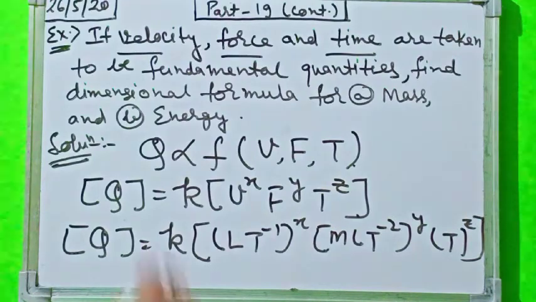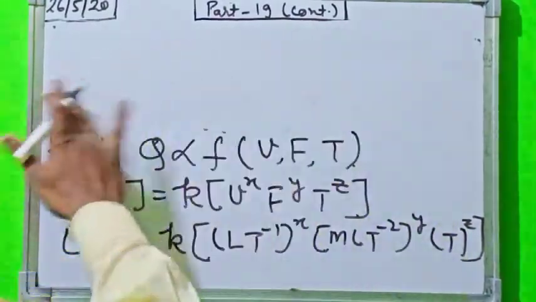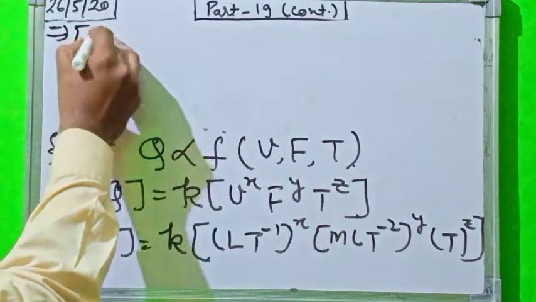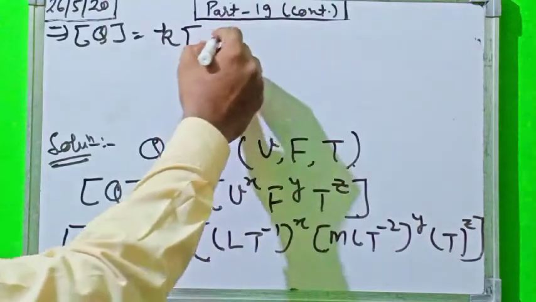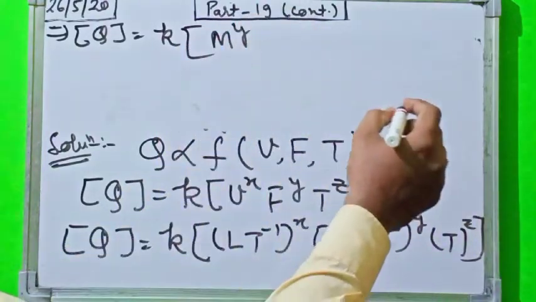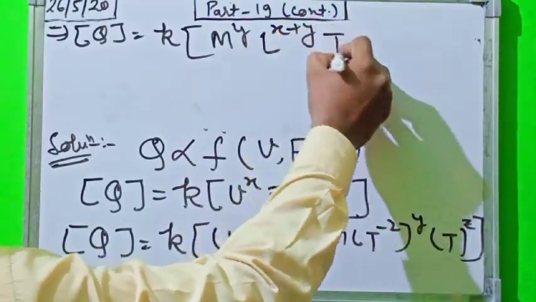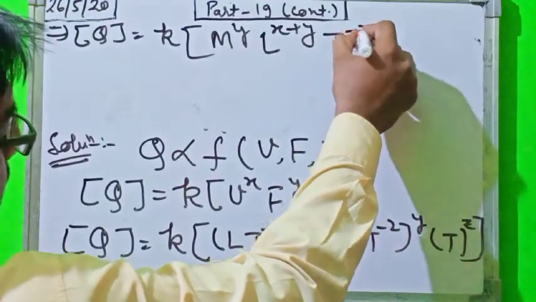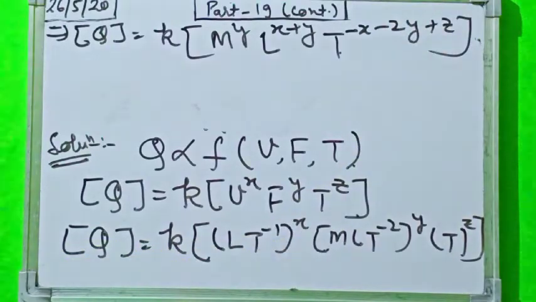Now solving it dimensionally, we will get the dimensional formula for Q is equal to K M^y L^(x+y) T^(-x-2y+z). This is the dimensional formula for Q which we have obtained. Let us suppose this is equation 2.